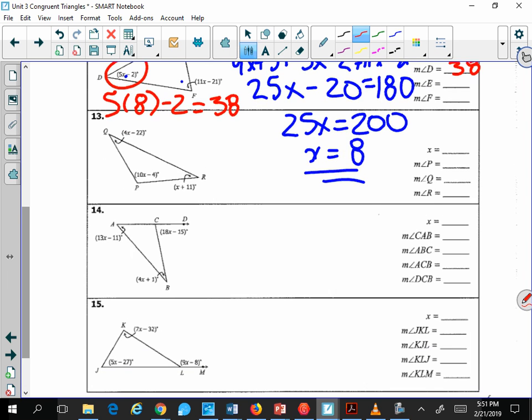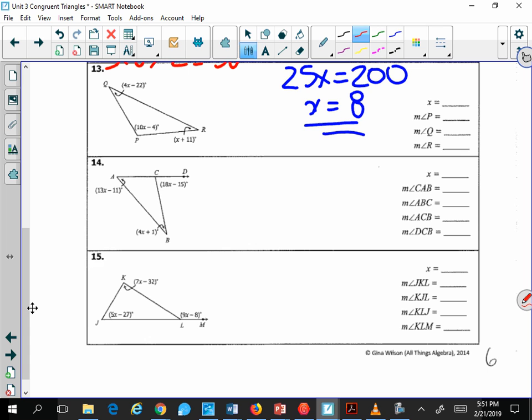And then the last one that I want to look at is down here, number 15. And that goes with our exterior angle theorem. Remember, exterior angle theorem tells me that my exterior angle, in this case 9x minus 8, is equal to the sum of the non-adjacent interior angles.